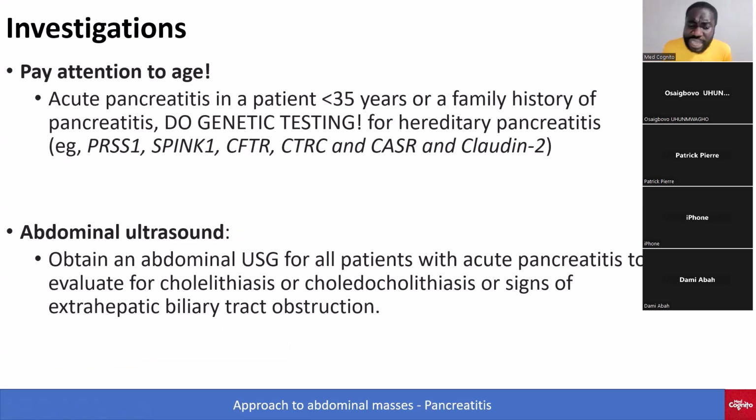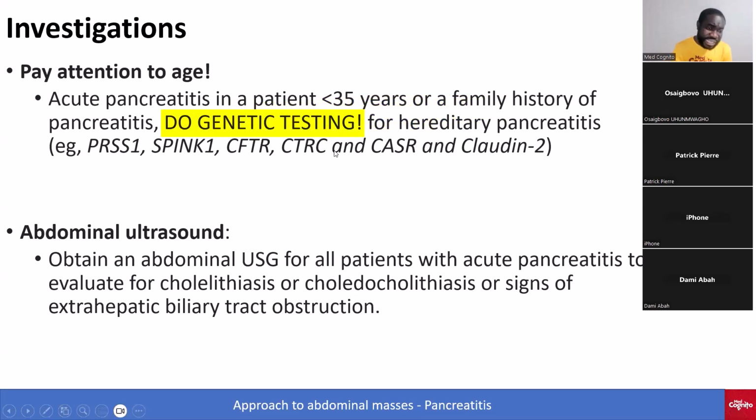Now, remember that I was saying that if the patient is very young, you want to be very careful. If you have a patient who presents with acute pancreatitis and the patient is less than 35 years, or has a family history of pancreatitis, then you want to do genetic testing.